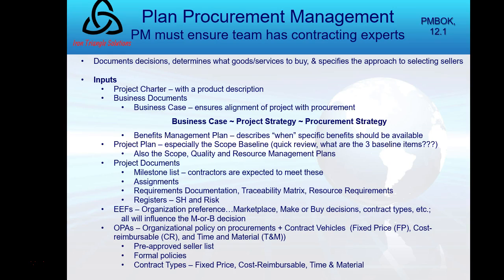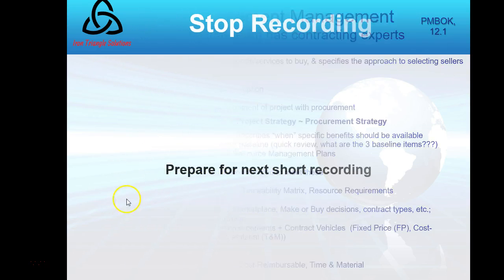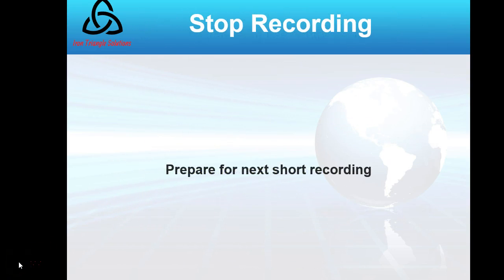Okay, so we're looking for a pre-approved seller list, formal policies as inputs from the company, and the contract types determined. Okay, that's it. Let's take a quick break, and then before we continue with planning, the tools and techniques and the outputs, let's take the next lesson and discuss those 3 types of contracts, those OPAs: fixed price, cost reimbursable, and time and material.